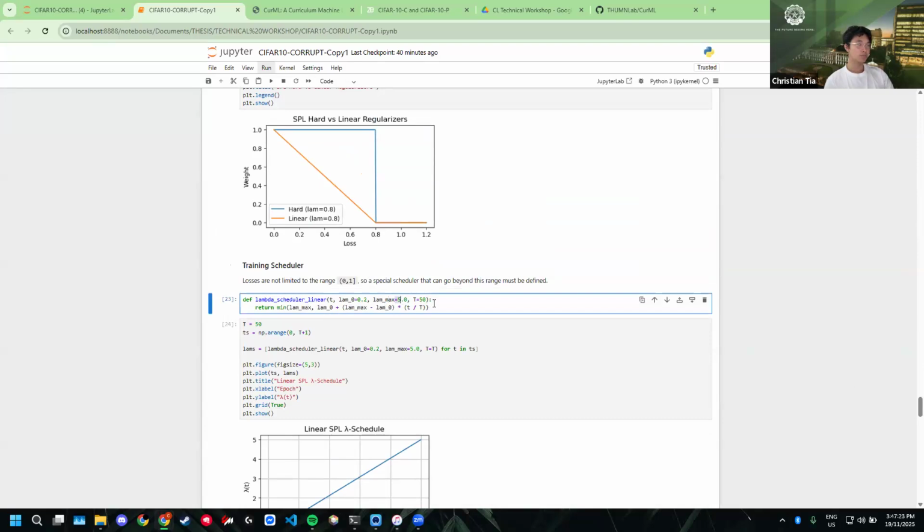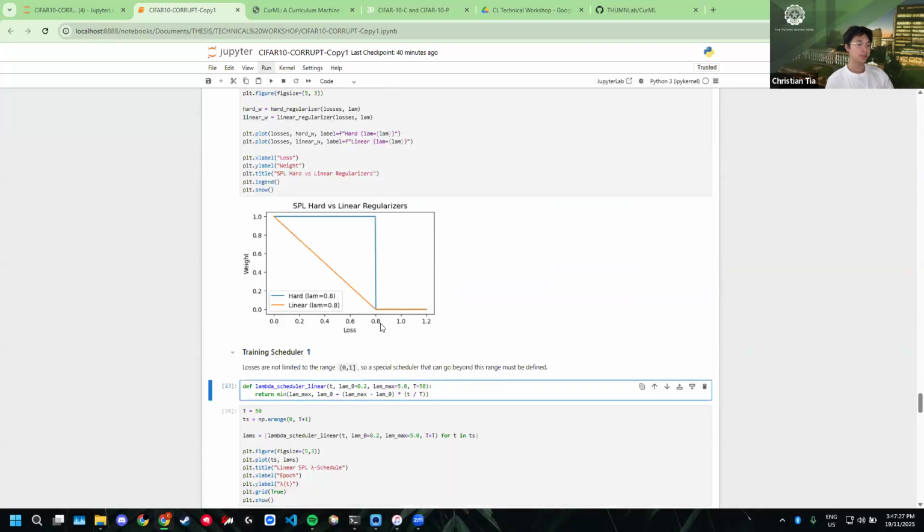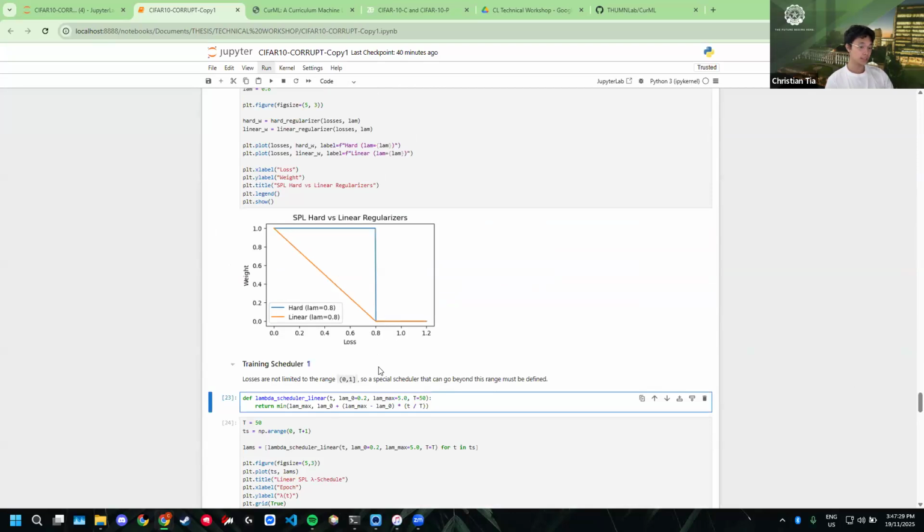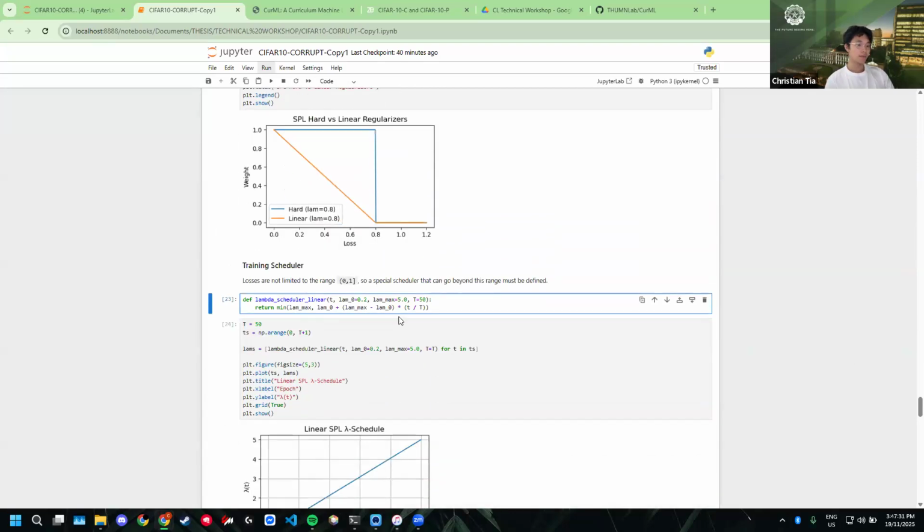You can go much beyond 1, because lambda now represents the threshold for loss. If we were to limit lambda to 1, then it's unlikely that our model would weight a lot of examples highly, because at the start of training, of course, our losses would be very high.